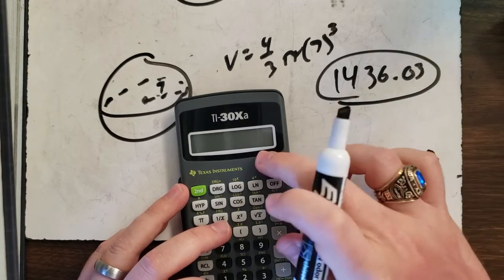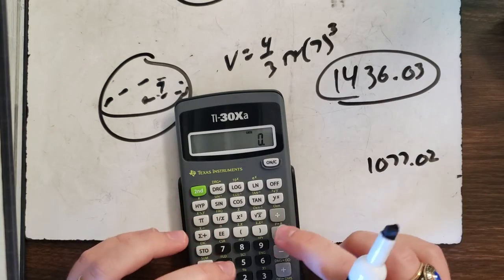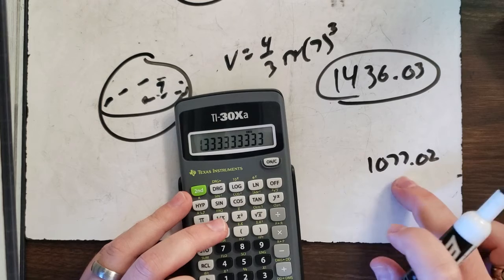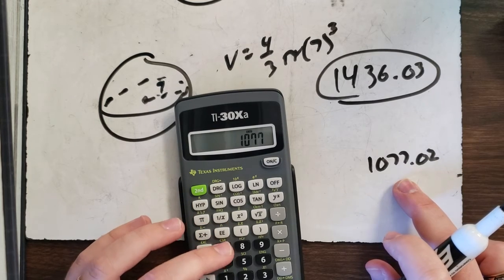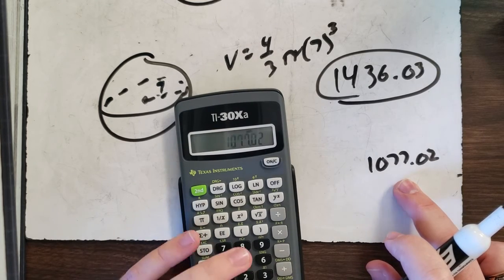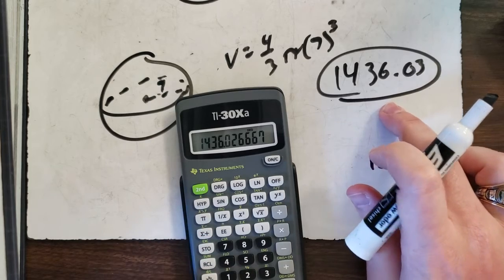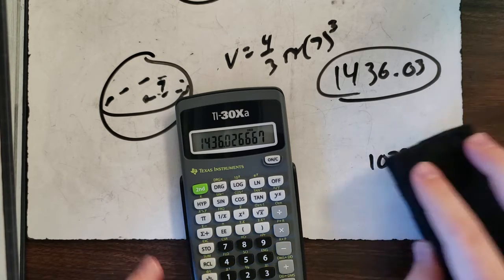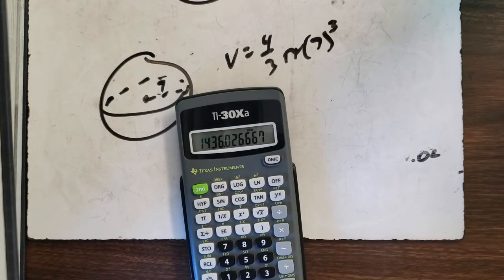Now we can do 4 divided by 3, then times it by 1077.02, and we get 1436.03. Either way works. Doesn't matter which way. I'll write it all out for you.